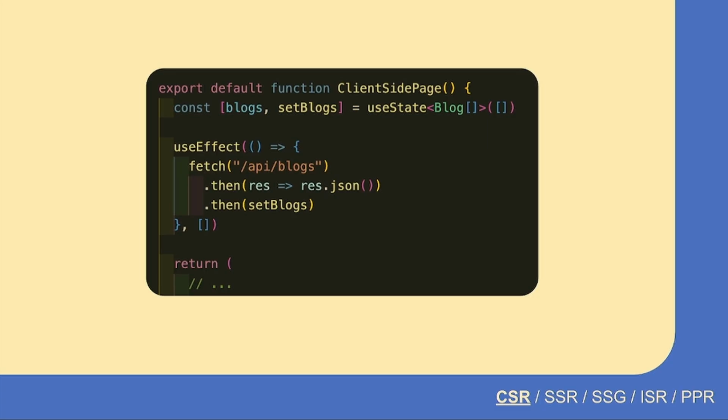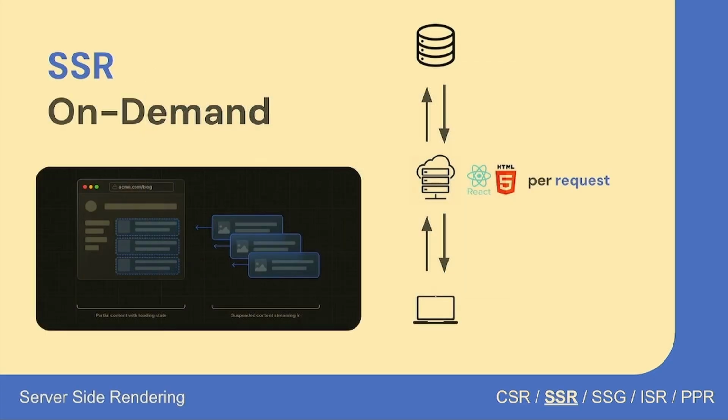There are no dependencies, which is the empty array. So basically, on loading this component, we will fetch the API blogs endpoint, get the response and set it as a list of blogs. We can just render it. And this is the simplest and most common rendering method.